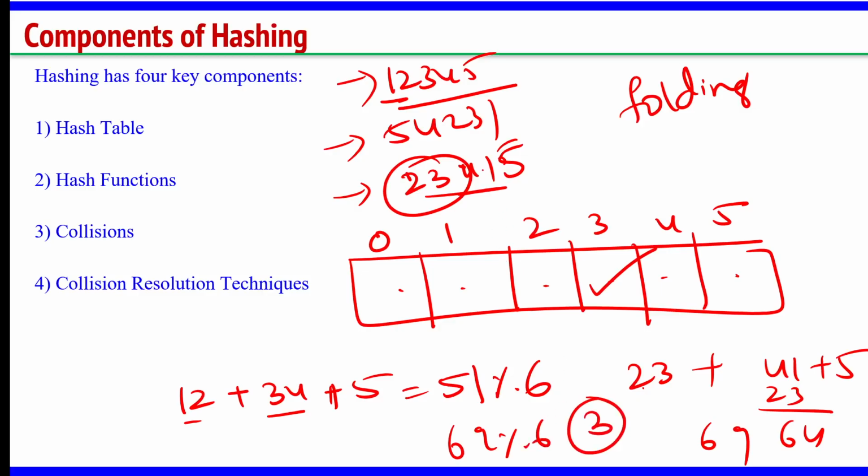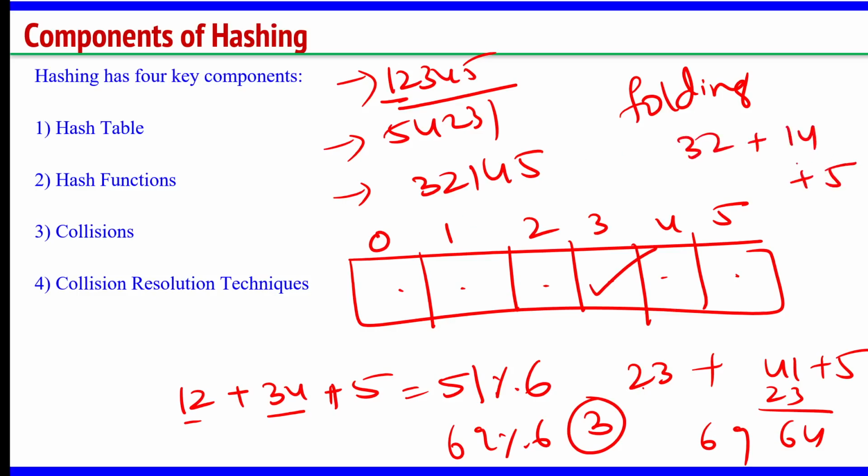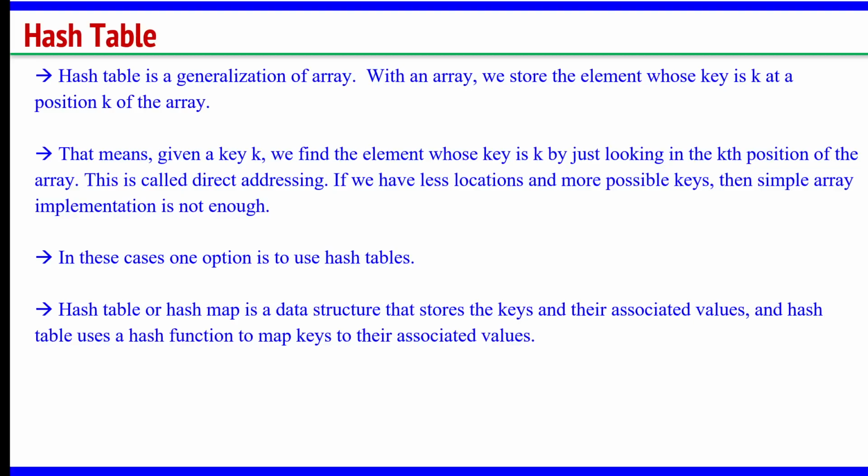In this case it is getting 3, but I think I wrote previously 3 2 1 4 5, so it is 32 plus 14 plus 5. This will give me 46 plus 5, again 51. Since I am taking the same digits, we are getting the same answer, but generally it is assumed to give different locations. For these small numbers it will not work, but for large numbers it will reduce the collision chances, right?